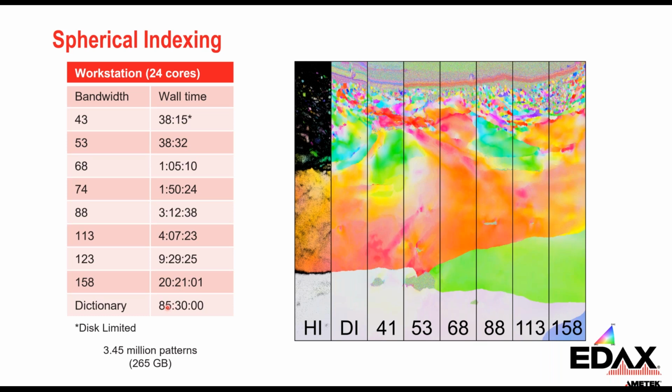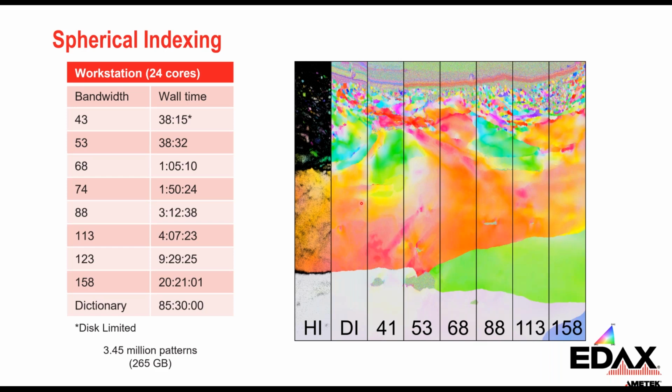So dictionary indexing, 85 hours for this data set. And then we can drop that down to as little as under 40 minutes with these bandwidths here that resolve the microstructure very similar to what we'd see with dictionary indexing. So spherical indexing should be a very exciting way to index some of these tricky applications.